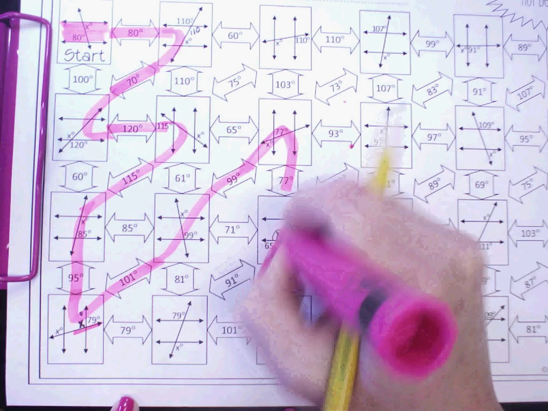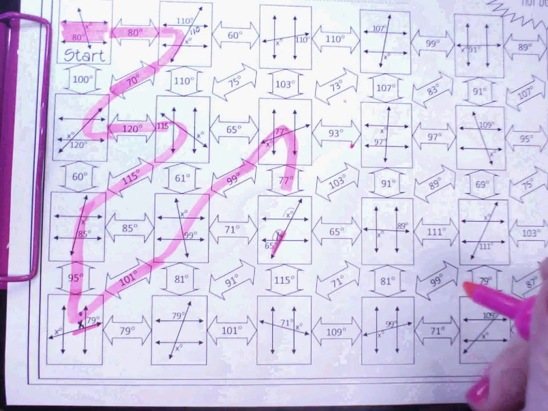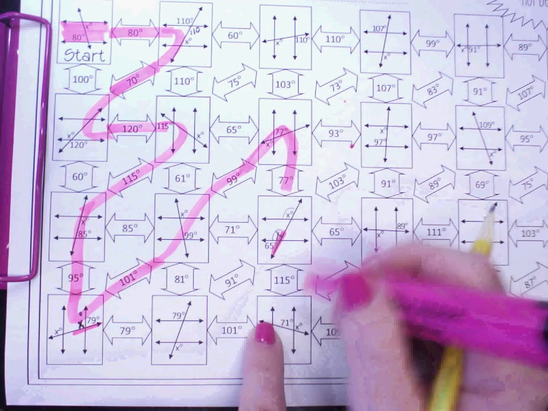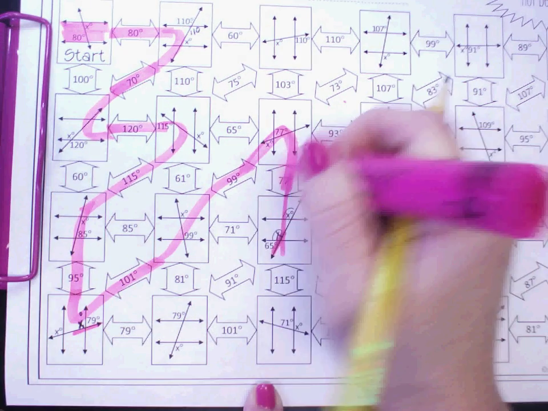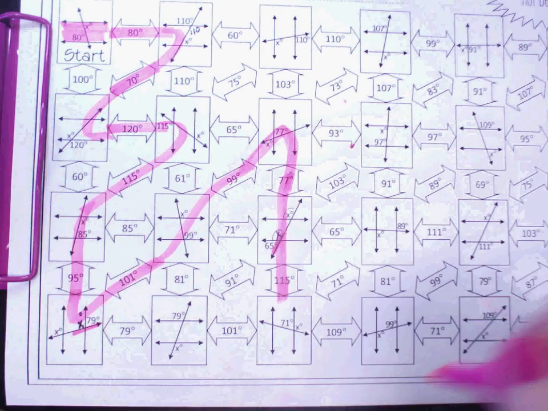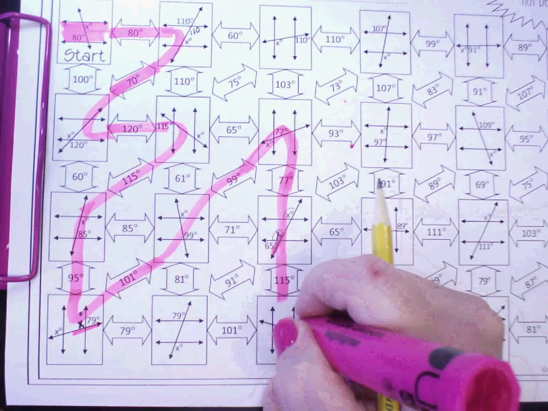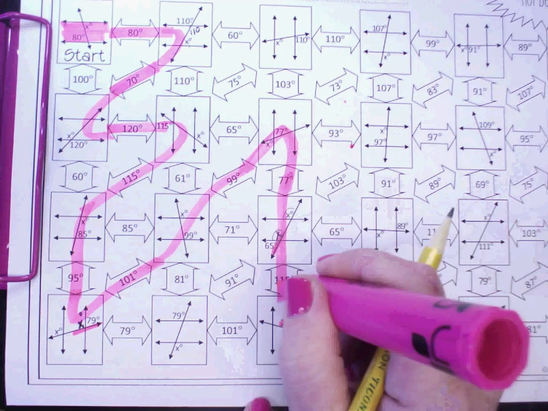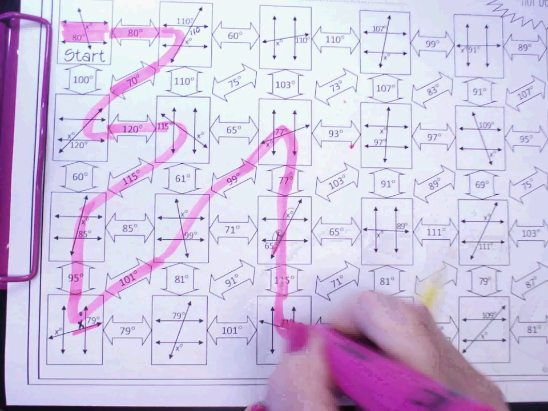These two are supplementary, 180, so this one needs to be 109. Those two are alternate interior, so they're the same. So it goes that way. Those two are alternate exterior, so they're the same. So it goes this way.